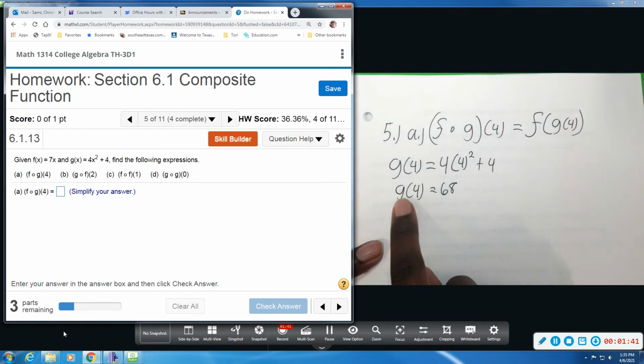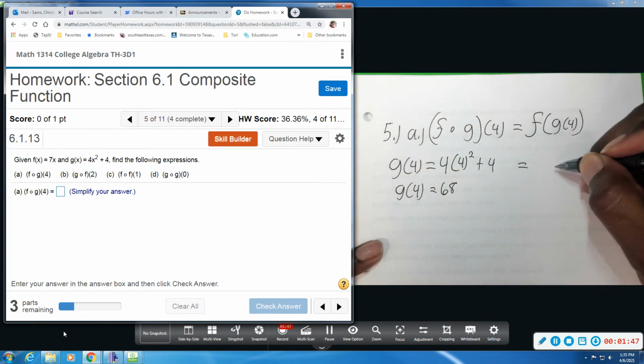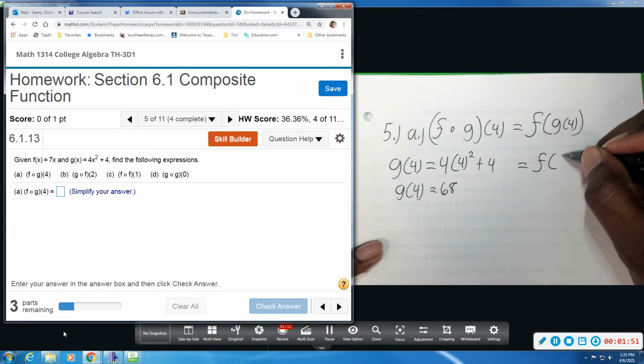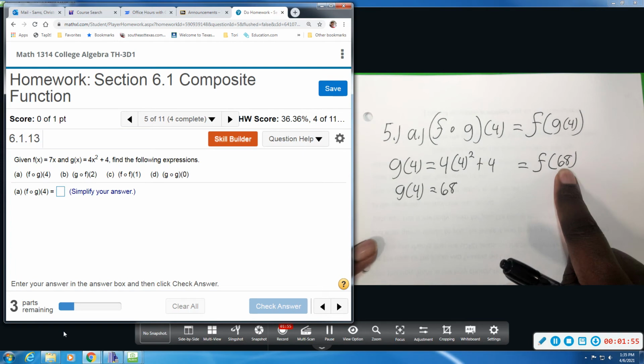Okay, so now that we know what g of 4 is equal to, we're now going to replace that here. So now instead of f of g of 4, we're looking for f of 68. So we're going to take 68 and plug it into the f equation.